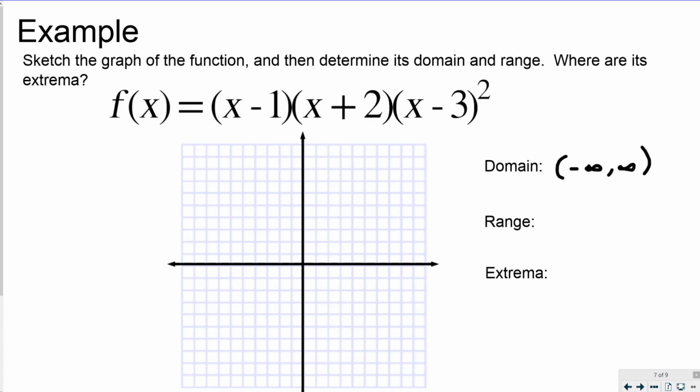The range is a different story. I look at my graph, and I can't really see most of the graph, so I'm going to need to adjust my viewing window. Using the techniques that we learned in class, I'm going to adjust my viewing window to take a better look at the graph.